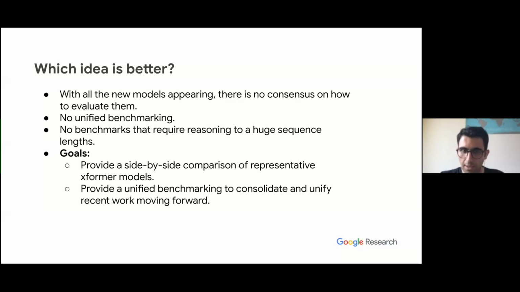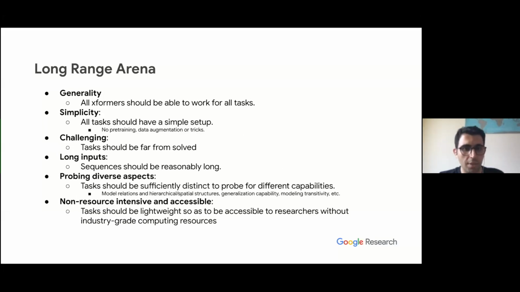The goal was, can we find a set of tasks that in a unified way lets us measure their performance, as well as the cost of using each of them in terms of memory usage or throughput? Then we started thinking about what we want from this benchmark.